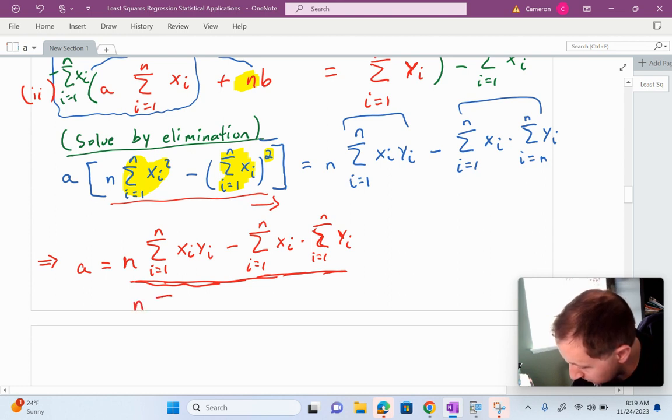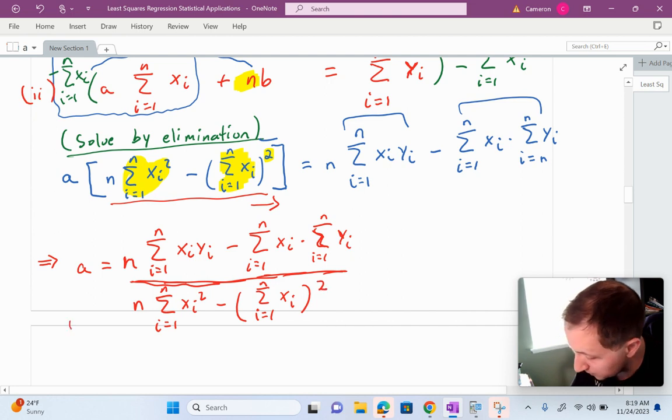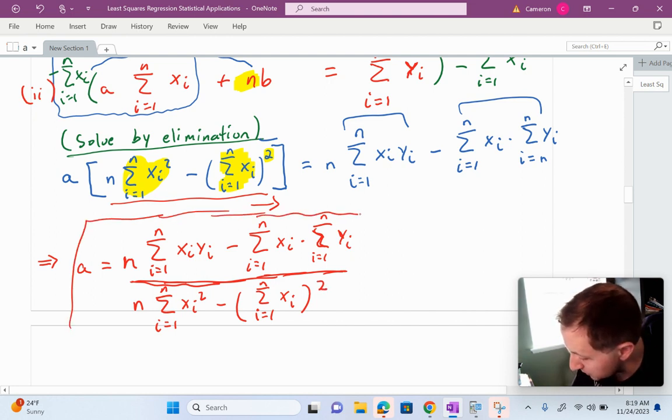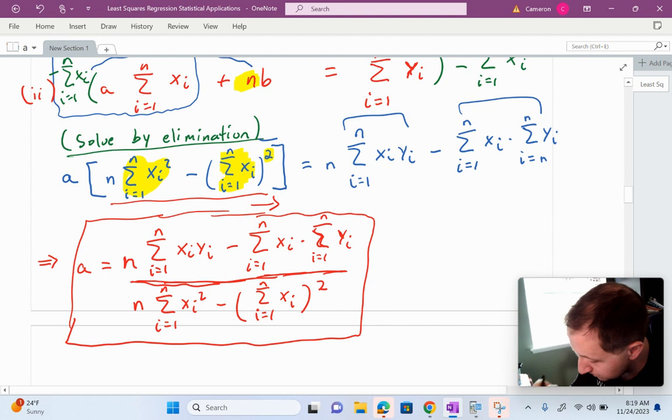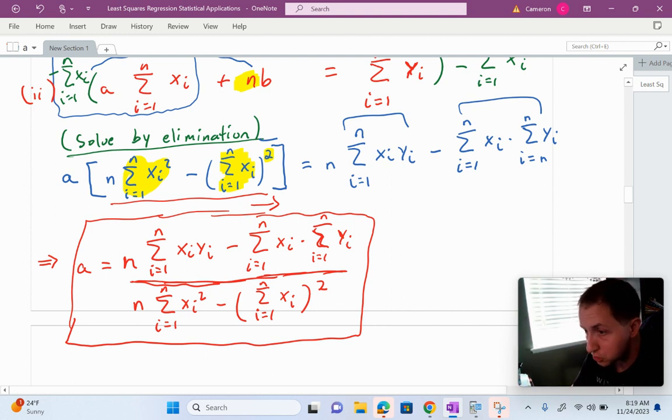So n times the sum i equals 1 to n of x sub i squared minus the sum i equals 1 to n of xi, that entire sum squared. You'd have to compute this before you can get the y-intercept. So that would give you a formula for the slope of this least squares regression line.